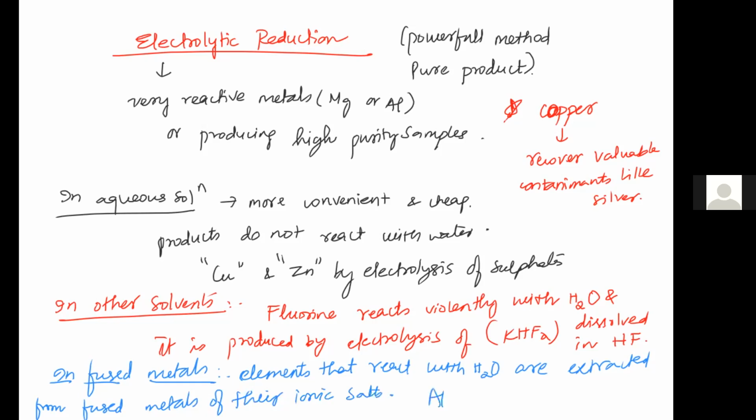Aluminium is an example, which is extracted from a fused mixture of Al2O3 and cryolite. But we will learn this in detail with aluminium extraction. So this is this much only about electrolytic reduction.